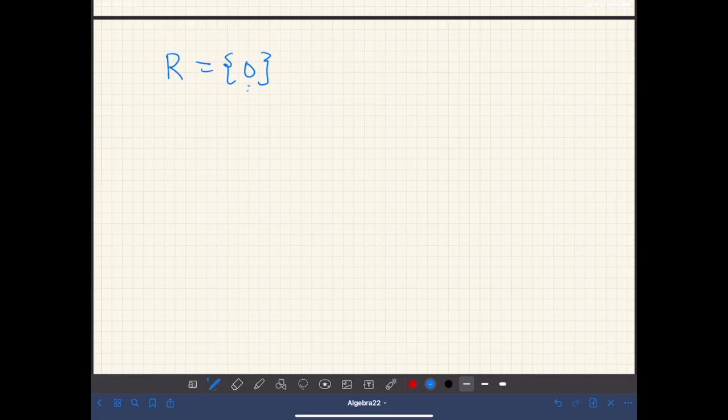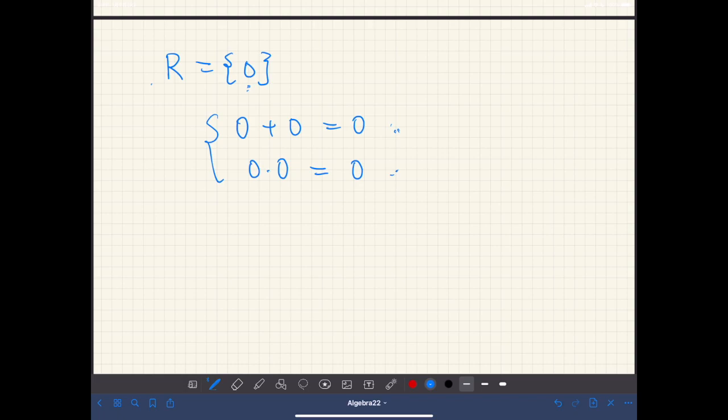Since there is only one element here, 0 plus 0 must be equal to 0, and 0 times 0 must be equal to 0. So this is the definition of addition and multiplication. Then, under these operations, this set R is a ring, and you should check whether that is true.